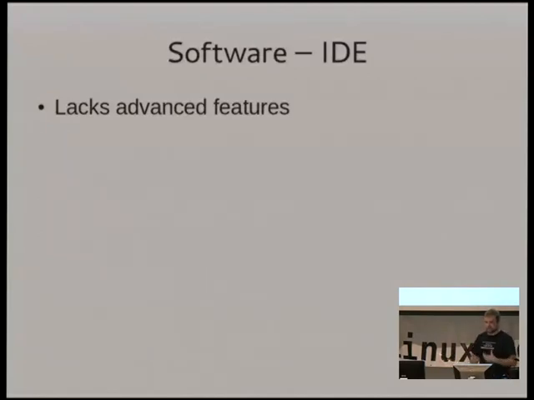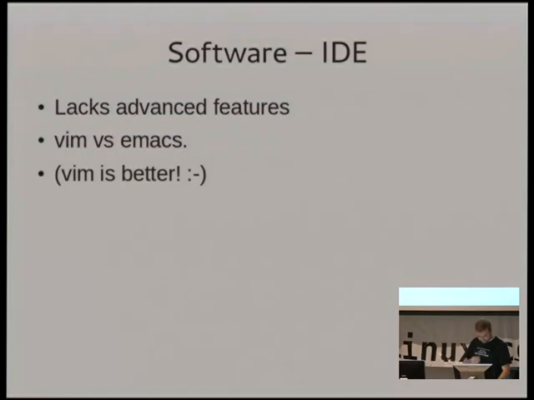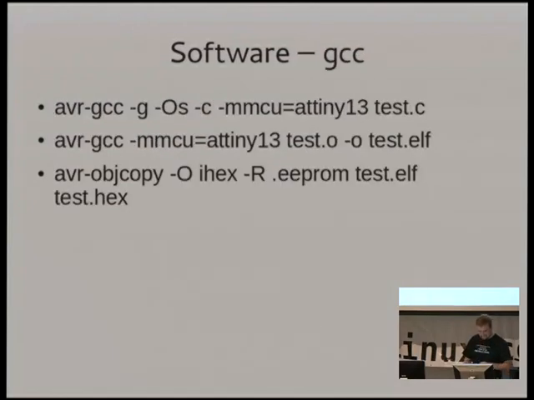The IDE is really, really basic, and every time I tried to use it much, I got frustrated. I don't want to get into a religious war about it, because everyone's got their own preferences, but I just knew it didn't suit me. It turns out the GCC stuff is actually really simple to do by yourself as well.